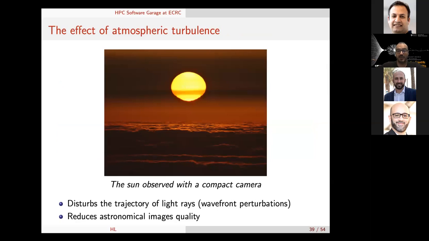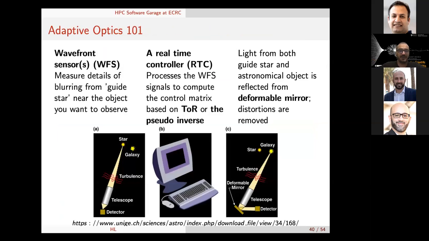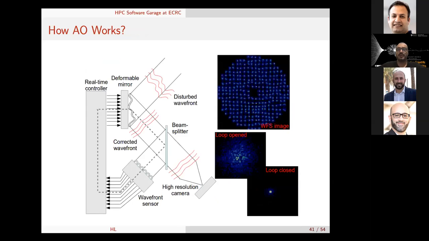Since the light is distorted and blurred, the astronomers are not able to properly capture and identify those remote stars. I'm going to skip the technology they use there. It's called adaptive optics, but this is how it works in one chart.